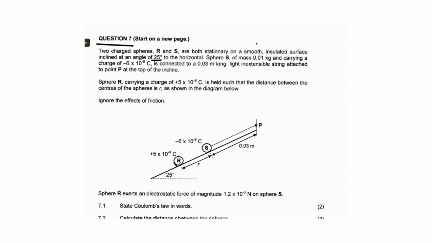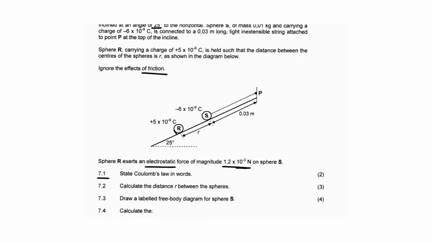They further say sphere R carrying a charge of 5 times 10 to the power -9 is held such that the distance between the centers of the spheres is r, as shown in the diagram below. We are ignoring the effects of friction. So sphere R exerts an electrostatic force of magnitude 1.2 times 10 to the power -3 newtons on sphere S.